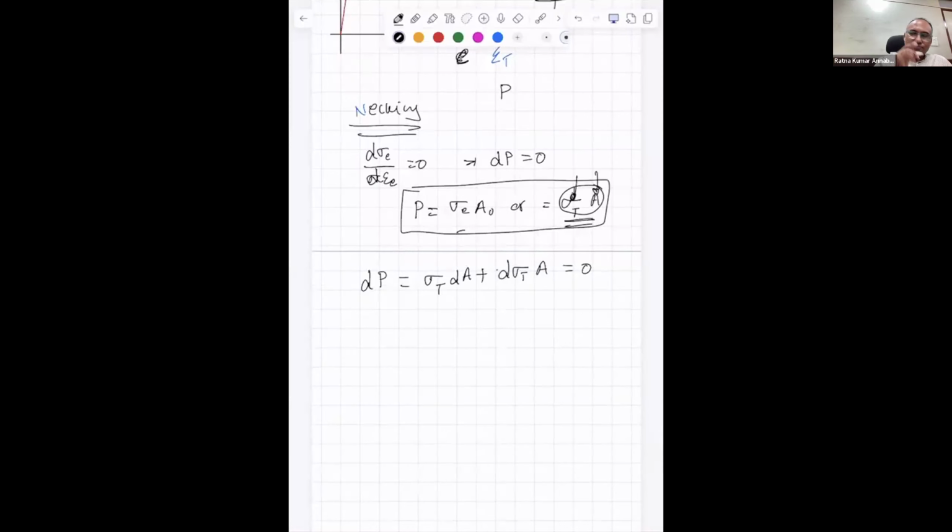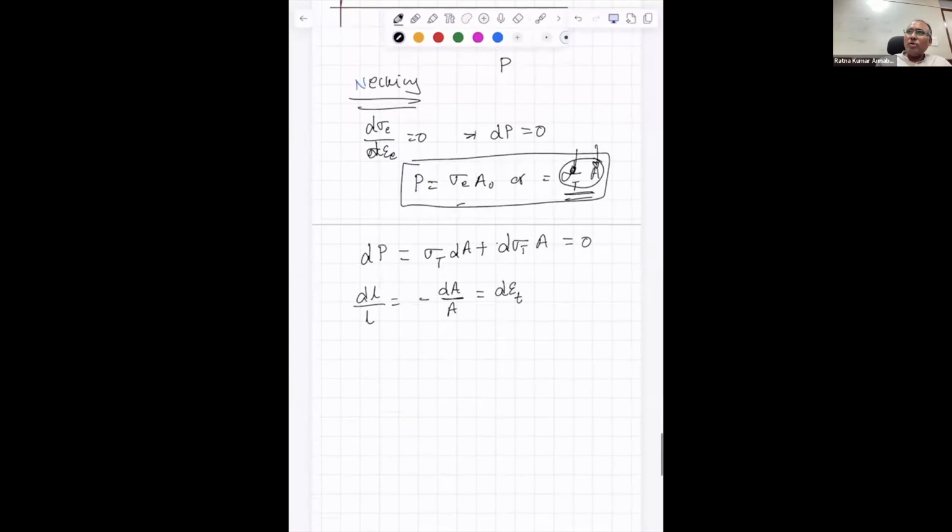And from volume constancy, just before the onset of necking, we have dL by L equal to minus dA by A, because the increase in length should be compensated by the reduction in area. And dL by L is equal to d epsilon, the true strain.